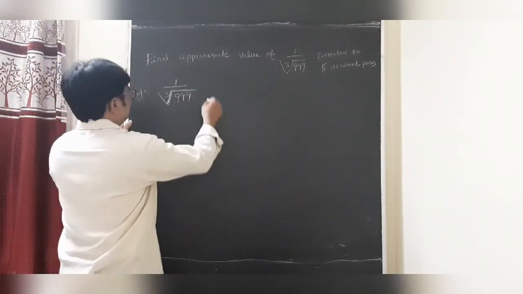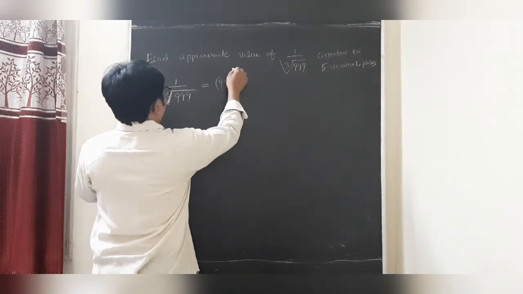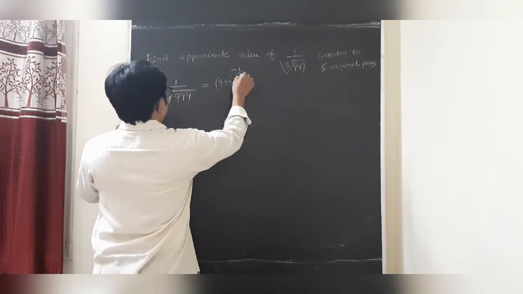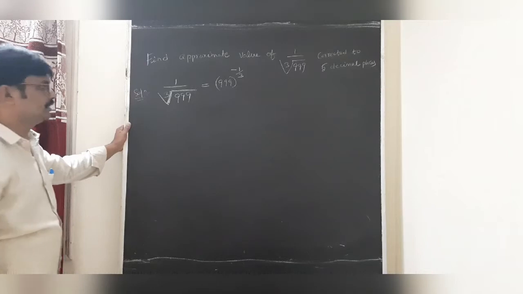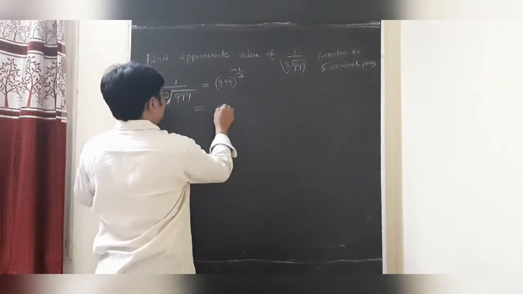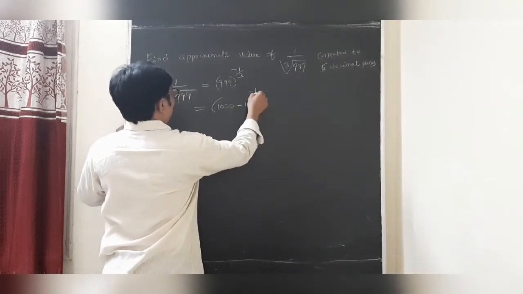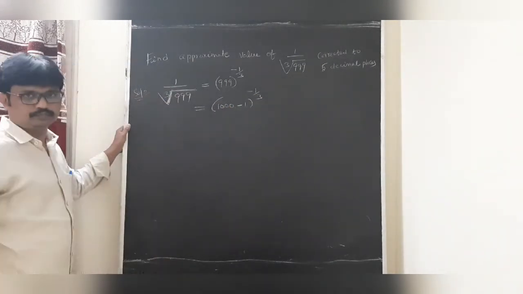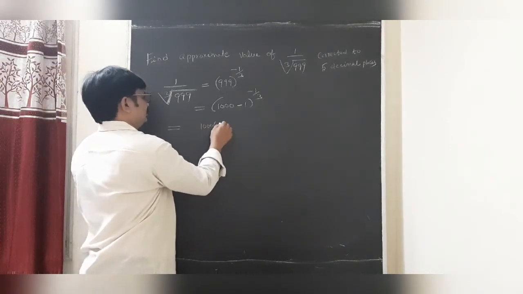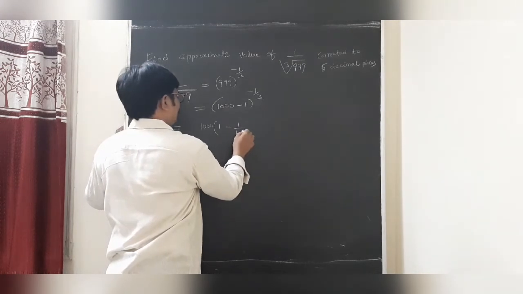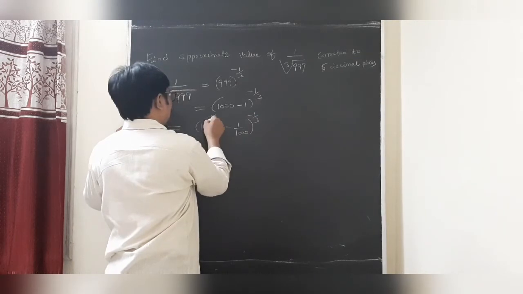So dear student, this is 999 whole power minus 1 by 3. Okay, students, this is (1000 minus 1) whole power minus 1 by 3. So students, 1000 is the common. (1 minus 1 by 1000) whole power minus 1 by 3.